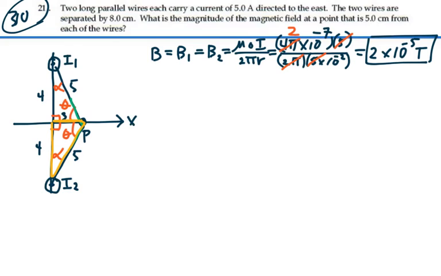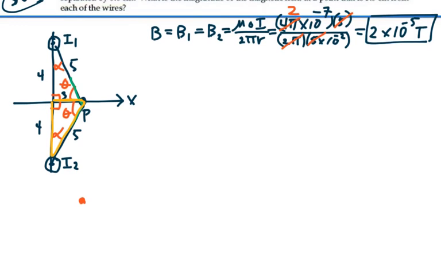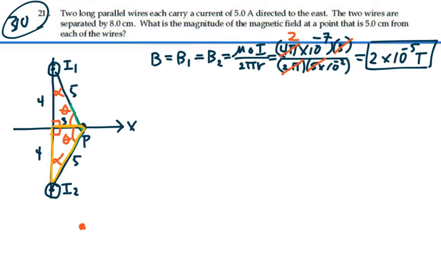And if we were to look at point P, we would have a magnetic field, B1. B1 would go off at a right angle like this, at a 90-degree angle there, and so let's write it down here as well.